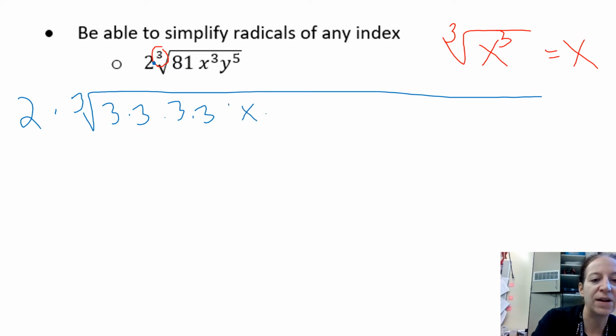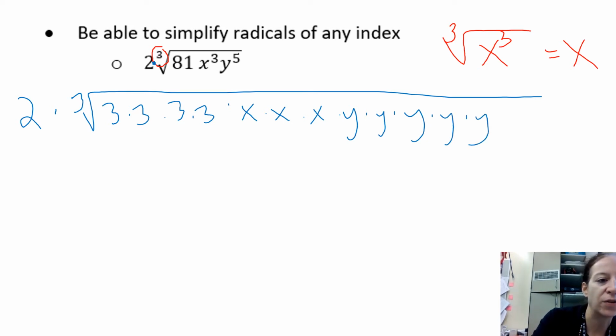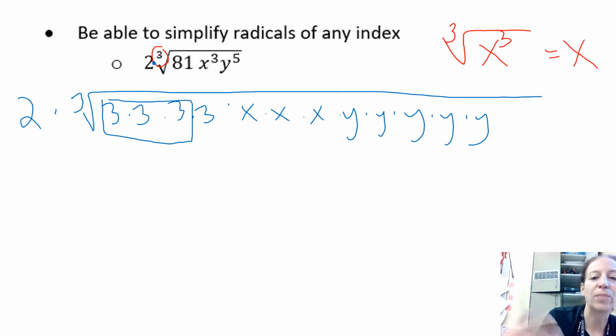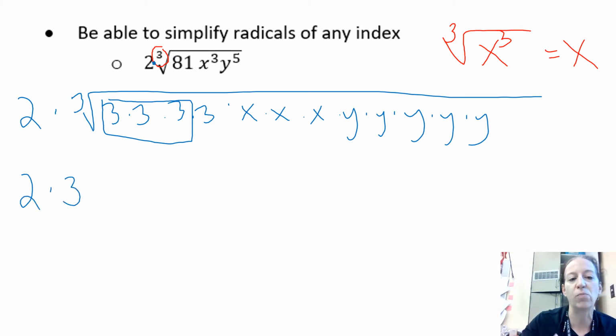All right, and then we have x times x times x and y times y times y times y times y. And we are looking for groups of 3. So I have a group of 3 3s. Remember the cube root of 3 cubed is 3, and so that comes outside of the radical. That's why there's only 1 of them, because you undid the cubing.